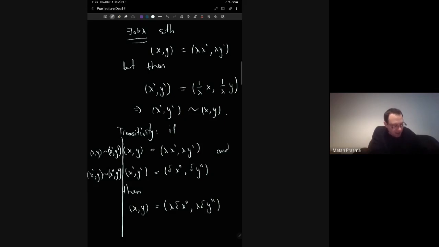Then I get the third equality, which means that xy is equivalent to x double prime, y double prime. So this is transitivity, right? If I have this and this, then I get this. Okay, is this clear?